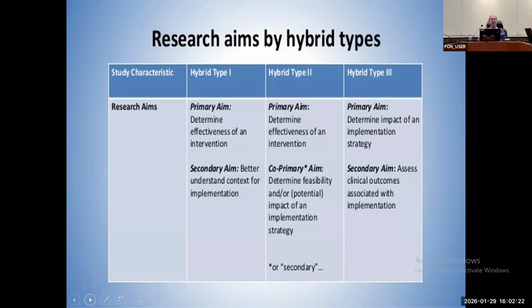So you can see they're flipped between a hybrid 1 and a hybrid 3. Because in hybrid 1, we really are only understanding or describing the context of implementation. But when we get to hybrid 3, we're really focusing on the impact of implementation. And the secondary aim for hybrid 3 is only looking at clinical outcomes associated with implementation.